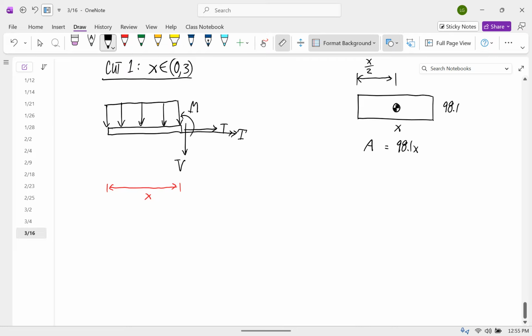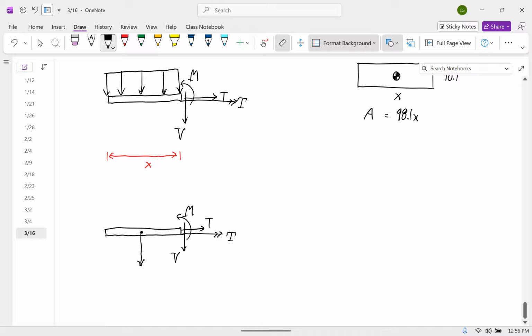And so now I can rewrite so we have our internal loads. And then we have our point force right at the middle.